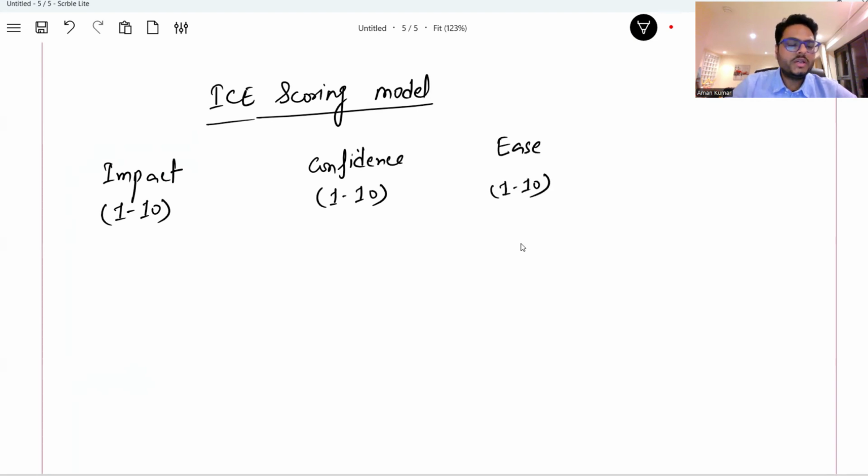Let's try to understand the meaning of the scores. Impact tells you, if I implement a project, how valuable will that project be out of 10? Confidence tells you how confident you are in that project. And ease tells you how easy it is to implement that project.